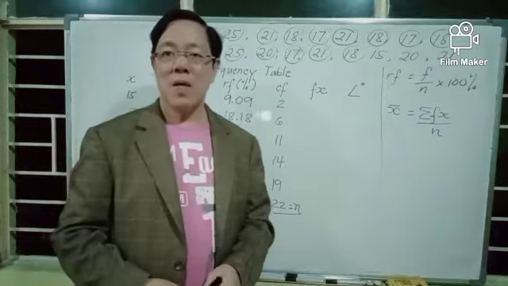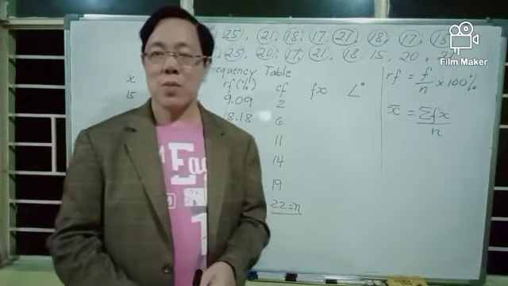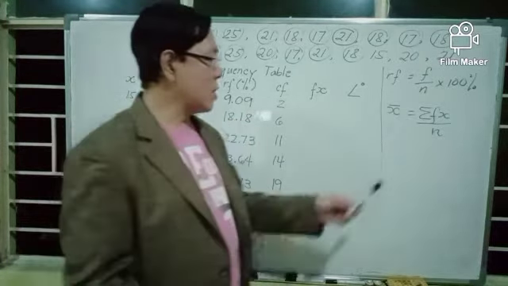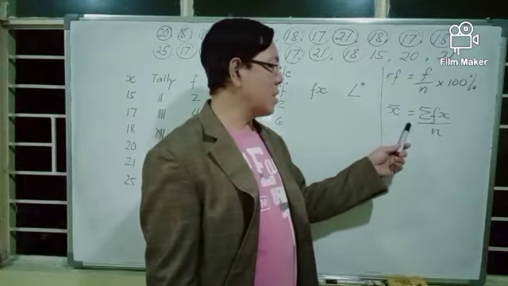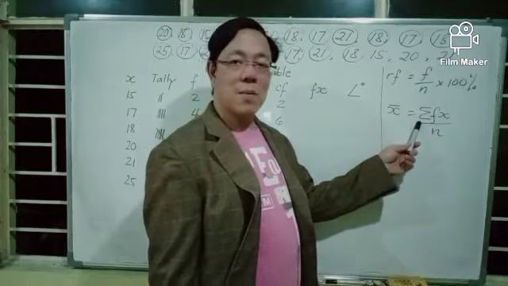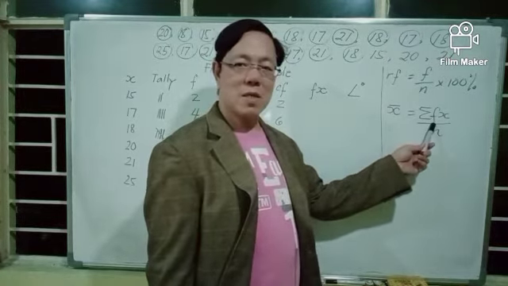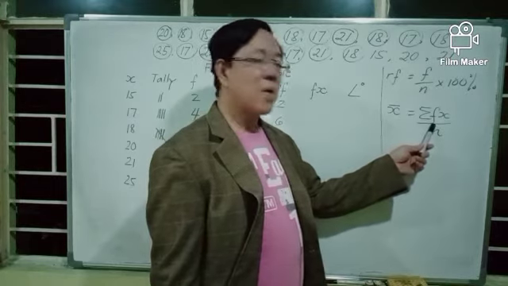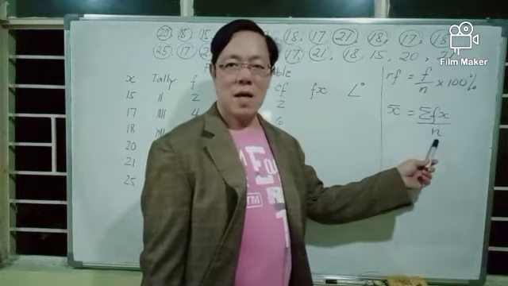X bar stands for mean, and it's equal to the summation of the products of the score and the corresponding frequency, fx, divided by the sample size n.